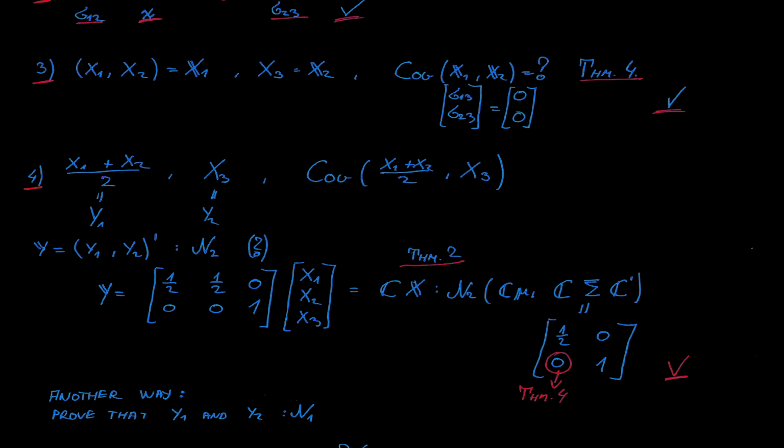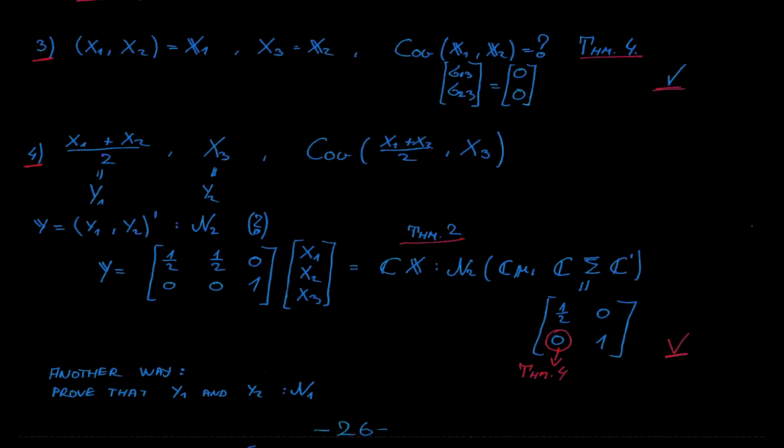However, before finding the covariance, we need to determine if those random variables are normally distributed, or we can take this two-dimensional vector and prove that it has a bivariate normal distribution, and then we can use theorem 4.